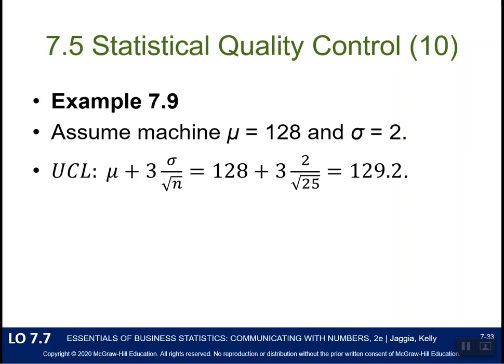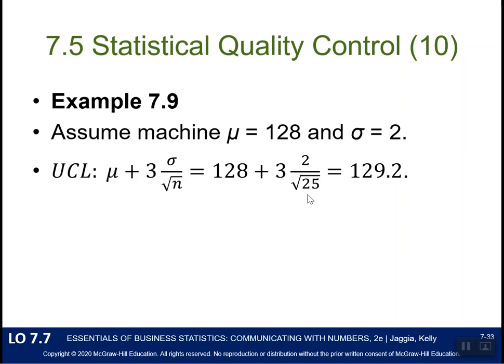So that is 2 divided by the square root of n. Since we are sampling 25, n is 25. We've taken 25 samples every time we take a sample. So our mean of 128 plus 3 times 2 divided by the square root of 25 is 129.2.